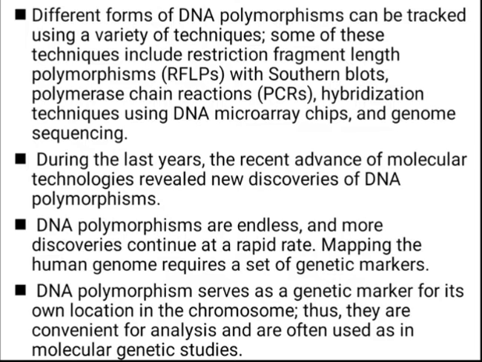And DNA polymorphism serves as a genetic marker for its own location in the chromosomes. Thus, they are convenient for analysis and are often used in molecular genetic studies. So chromosomes play a very important role in the study of genetic science.